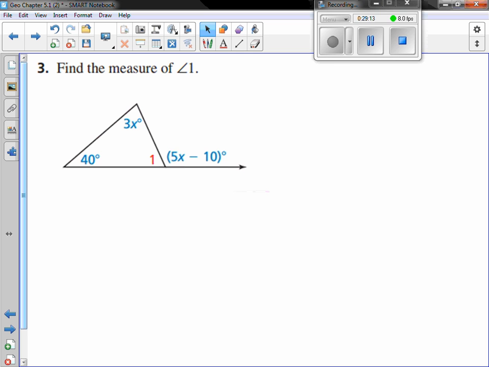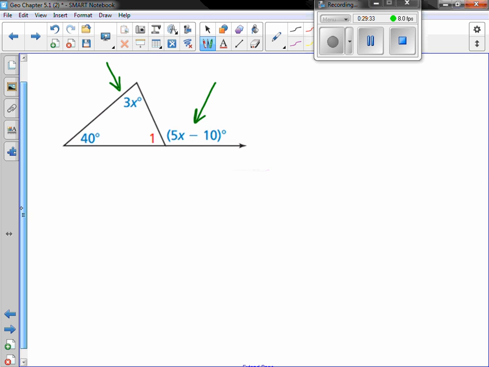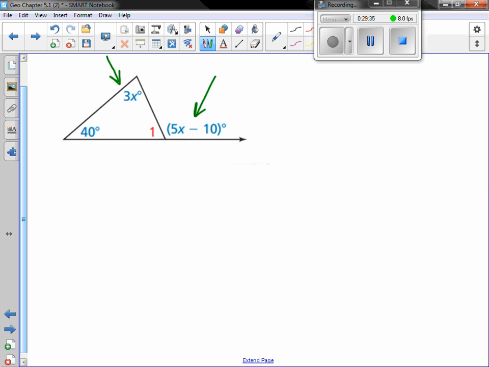So if I can find out what this angle is or this angle is, can I find out what angle 1 is? Yeah, so first we just need to find the value of x. Well, it would get the sum of these two.